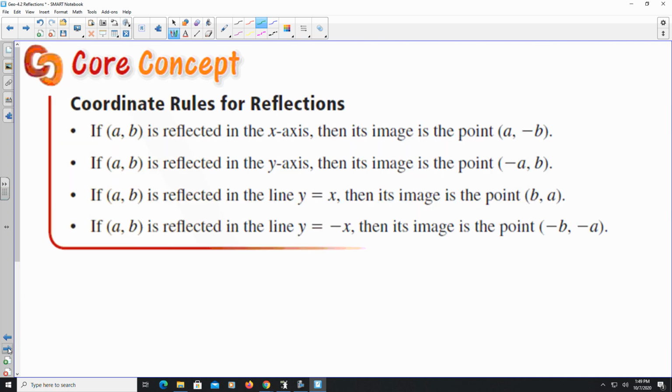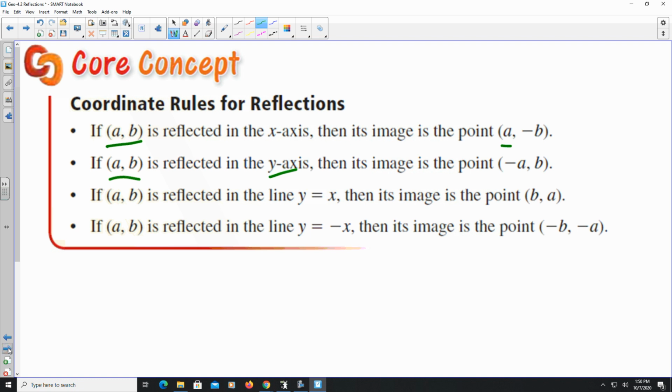Some things to keep in mind when you're reflecting, especially over the X and Y axis. Whatever original values you have for X and Y, if you are reflecting over the X axis, you're simply going to keep your value of X the same. Y is now going to be the opposite.